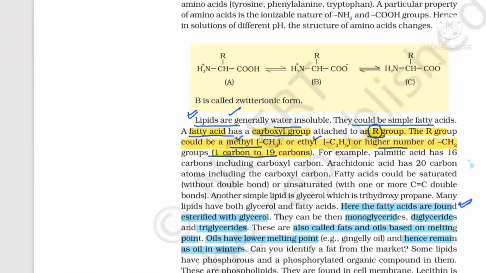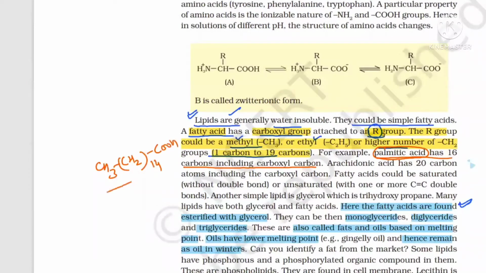See in our NCERT, palmitic acid has 16 carbons, including the carboxyl group. So palmitic acid is an example of a saturated fatty acid. How can you write it? CH3, CH2 14 times, because CH3 I wrote first, then these 14, and COOH.